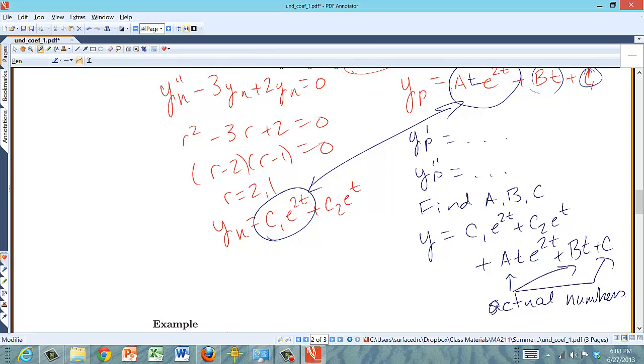You can't just leave those as parameters, because not any choice of A, B, and C will get you a solution. There's only one specific choice of A, B, and C that'll get you a solution to the inhomogeneous problem. On the other hand, the C1 and C2, any choice of C1 and C2 will get you a solution.